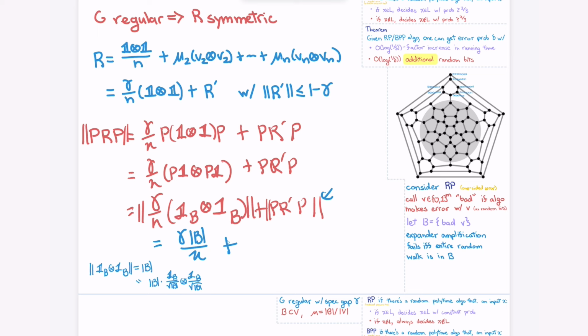And what about this? You can write this as the maximum over all unit length x of x transpose P R prime P x. But P is just a diagonal matrix, with ones in B and zero everywhere else, so it's equal to its own transpose. So I can flip that over: Px transpose R prime Px.